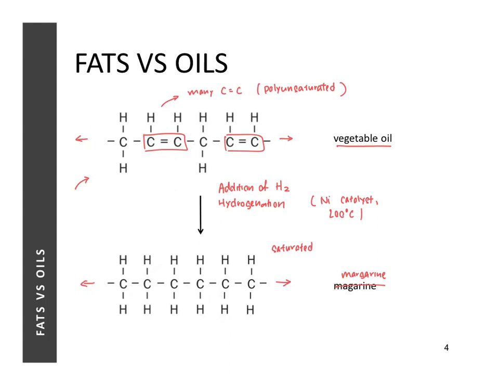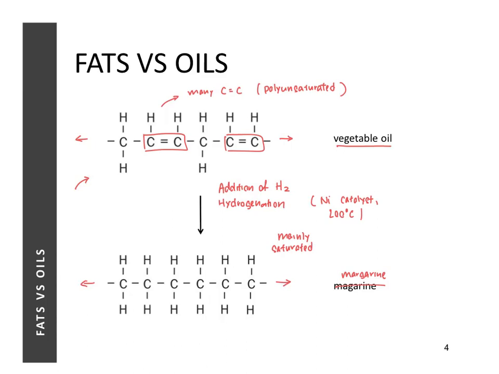By subjecting it to hydrogenation, we convert most of it to saturated molecules. So margarine contains mainly saturated hydrocarbons. That doesn't mean that it contains 100%. Margarine will still contain a small amount of polyunsaturated molecules in there.